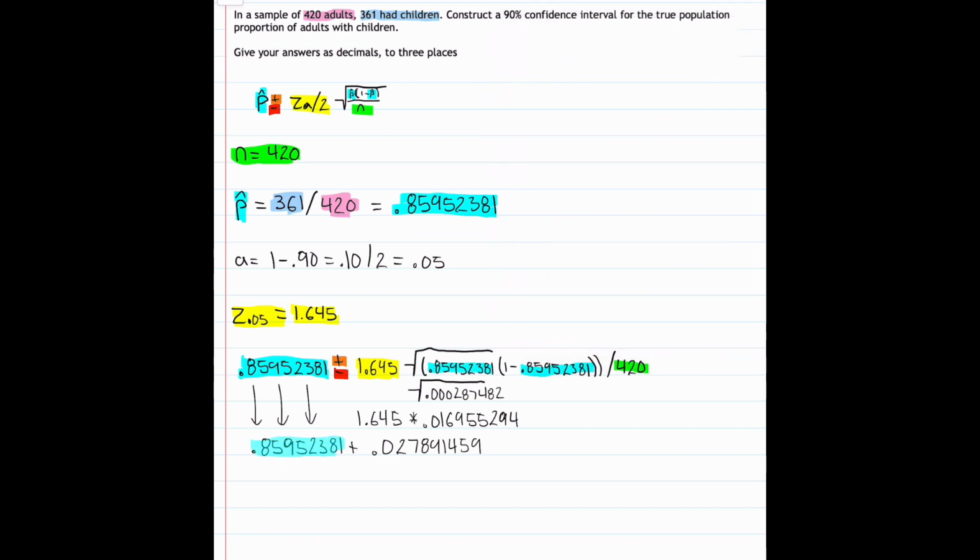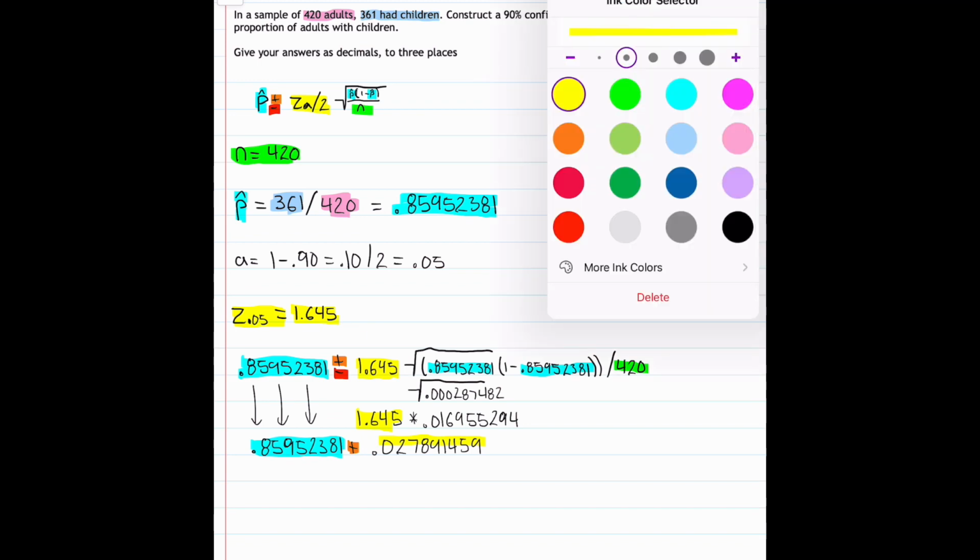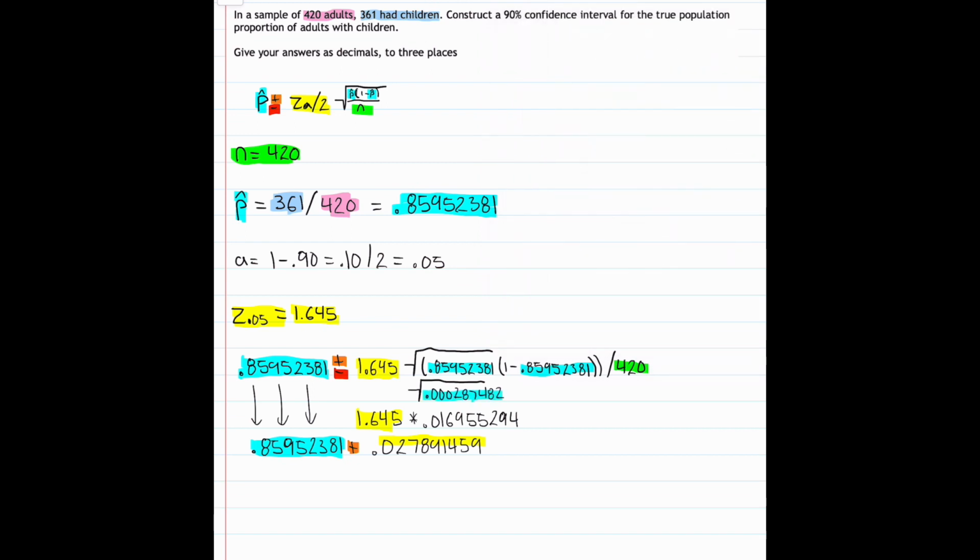And we're going to start off by adding that to our p hat. I'm just going to highlight everything and show you where everything came from. And I'm just going to put the two highlights on the one number to show that it was the two numbers that combined to solve that.